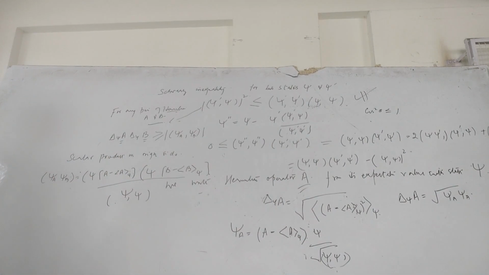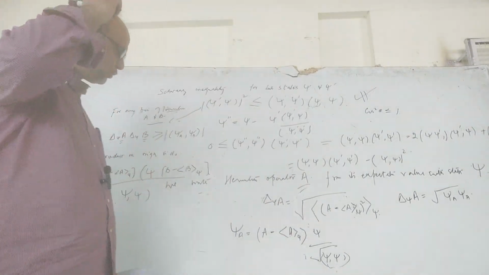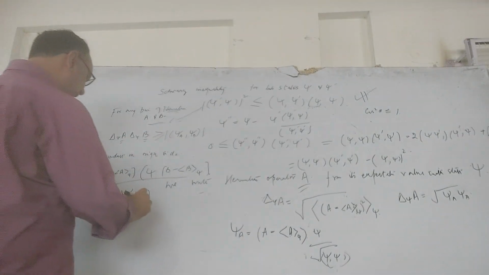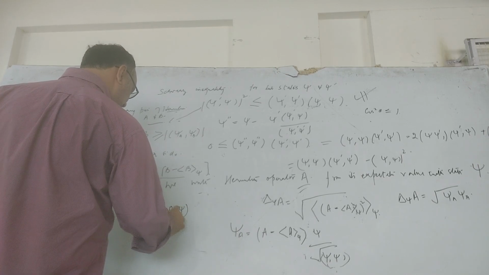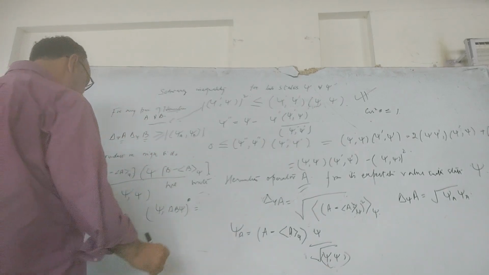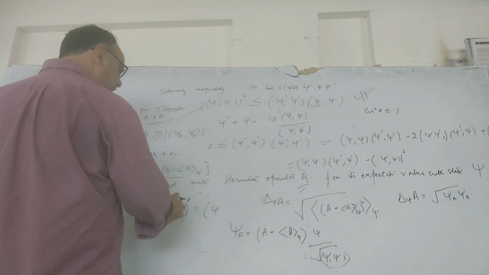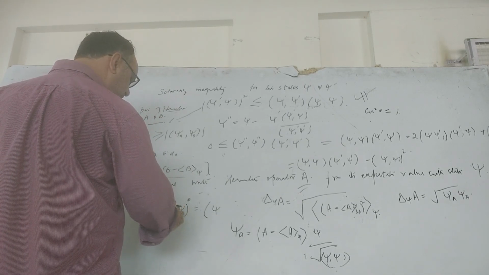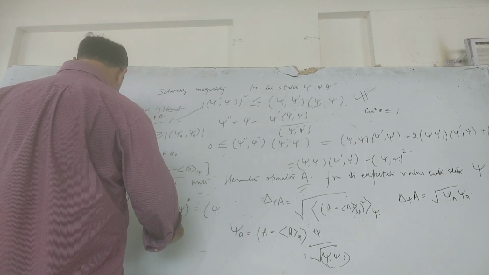So we are going to use a particular property which we have been using throughout, that psi of AB psi conjugate will be equivalent to psi of BA psi, so you can just change the order of this.